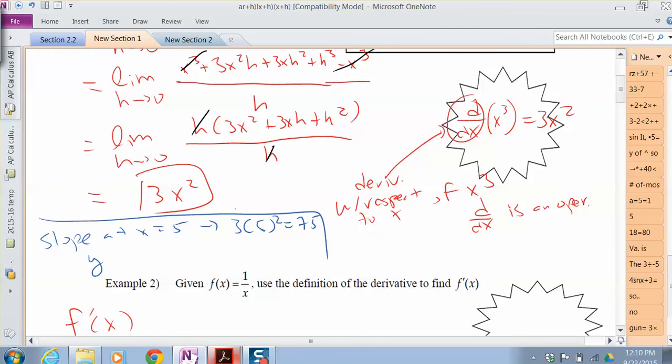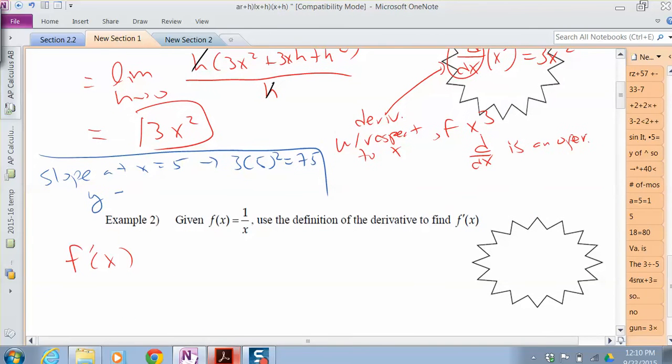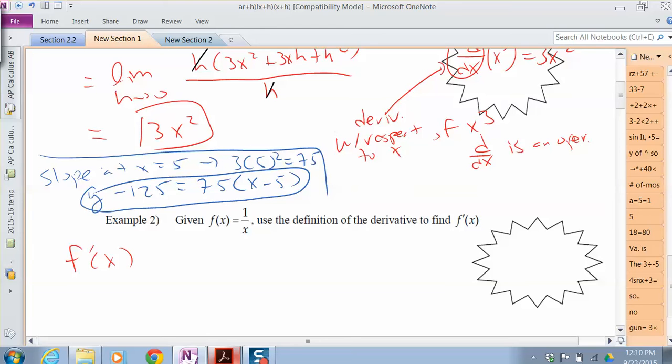And at x equals 5, y is going to be 125. So my equation is y minus 125 equals 75 times x minus 5. That's the equation of the tangent line at x equals 5 for y equals x cubed. Very steep slope, as you'd imagine.